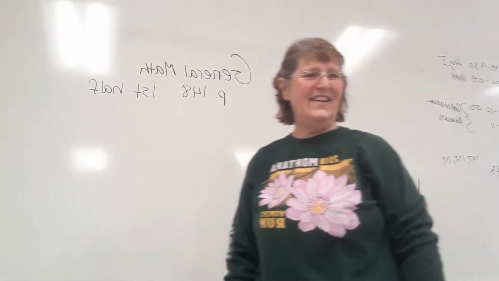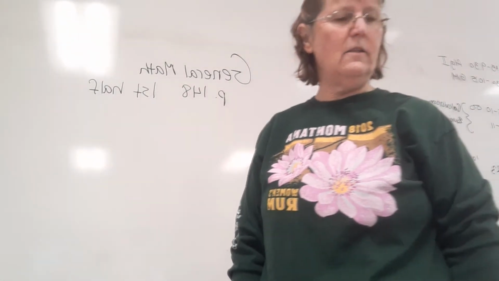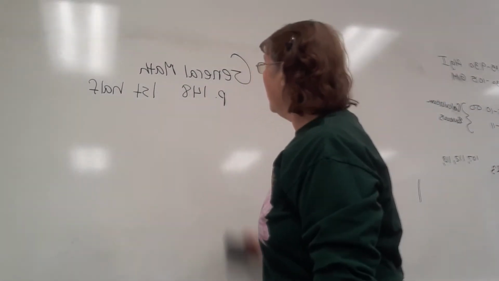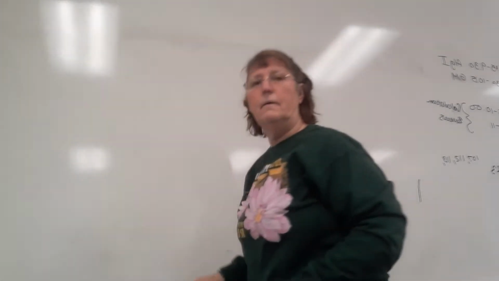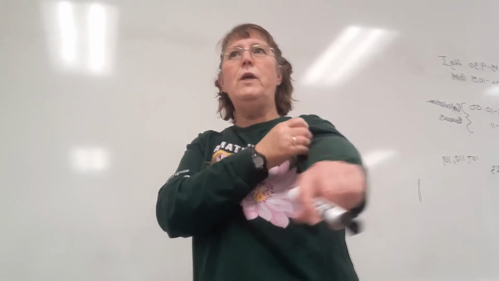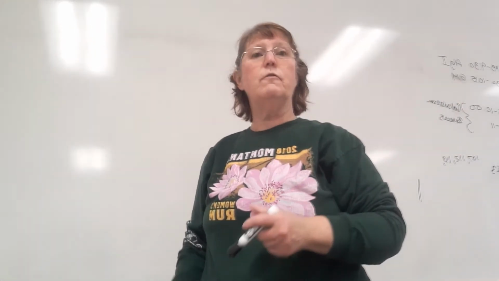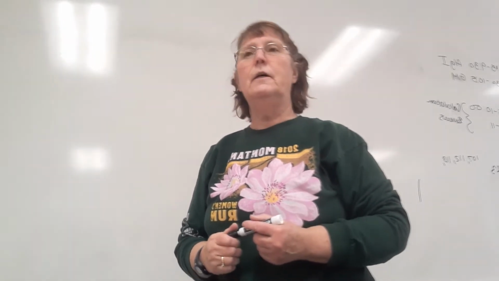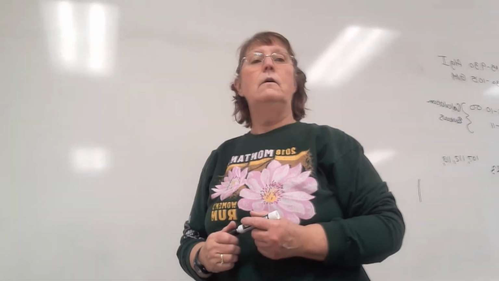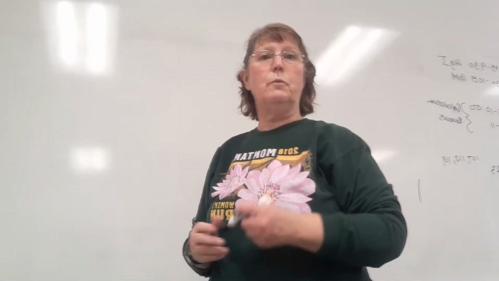Okay? All right, so I'm at the beginning of page 148. So the first thing that we have to talk about are least common multiples. Multiples mean we want that number and things getting bigger. For instance, the multiples of 5 would be 5 times 1, 5 times 2, 5 times 3, because we're multiplying things together.